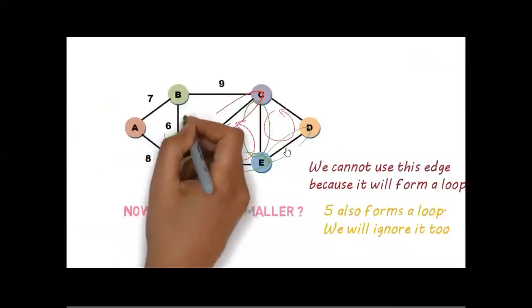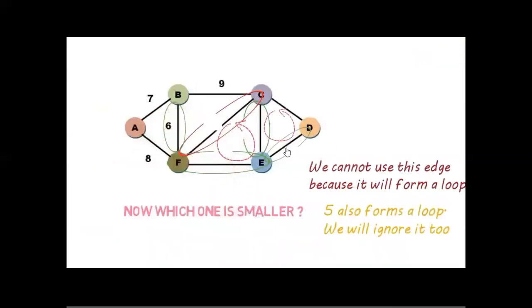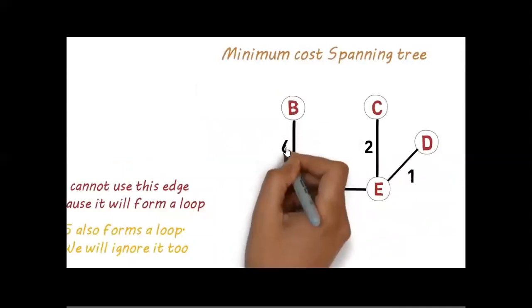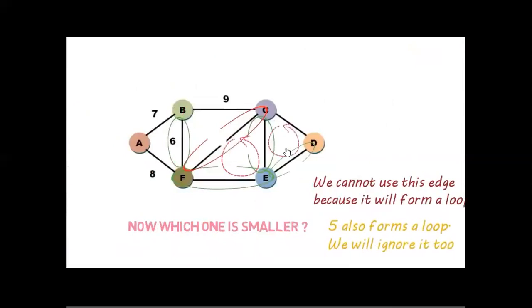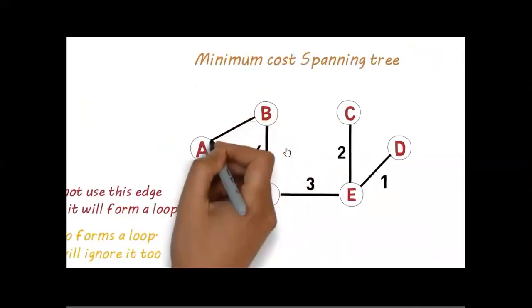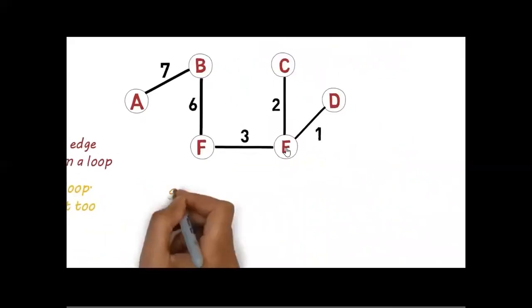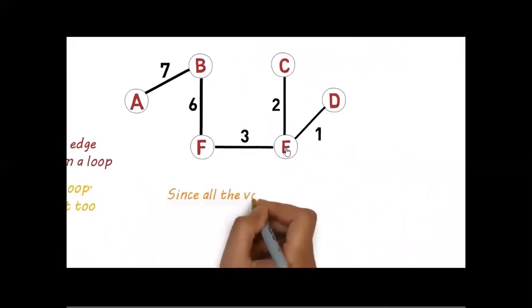So next is 6, B to F. Next 7, B to A. So here you can see that we visited all the vertices with the minimum cost.